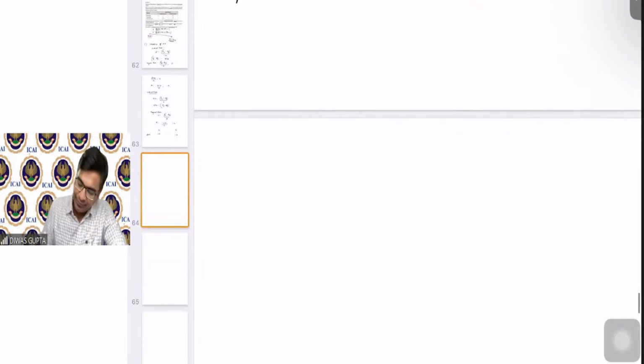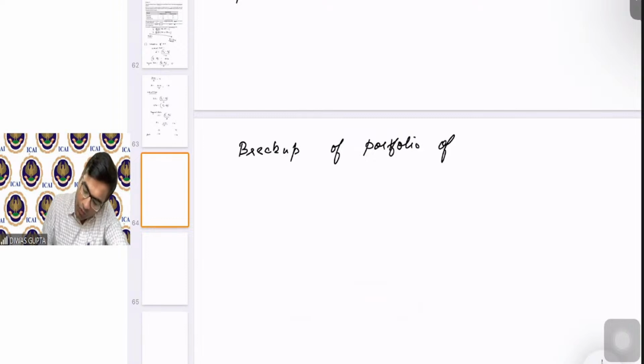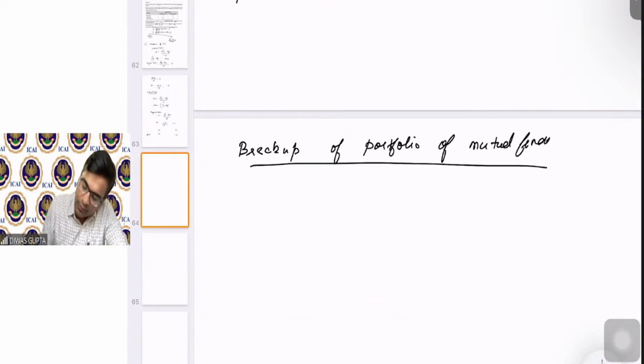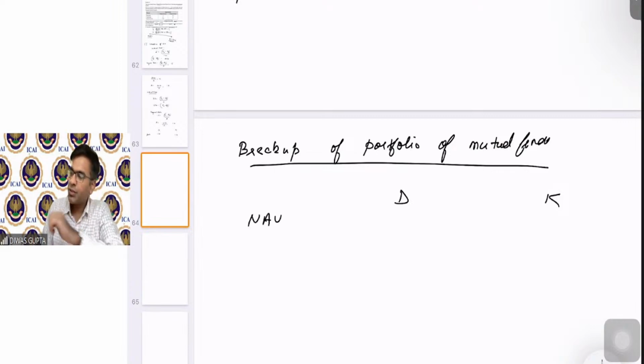So for that, we first need to understand the breakup of the portfolio of mutual funds, correct? So this is D and this is K, correct? So for D, the NAV is how much? 70.71 and this is 62.50.